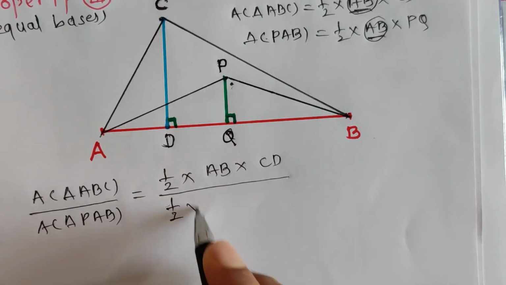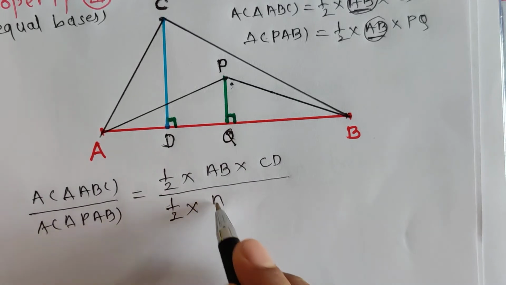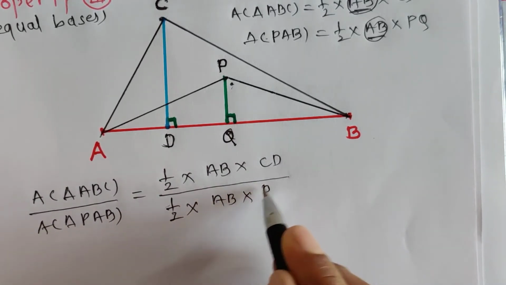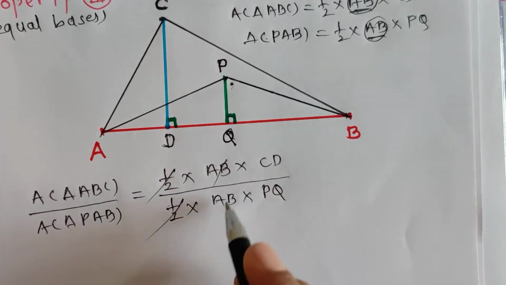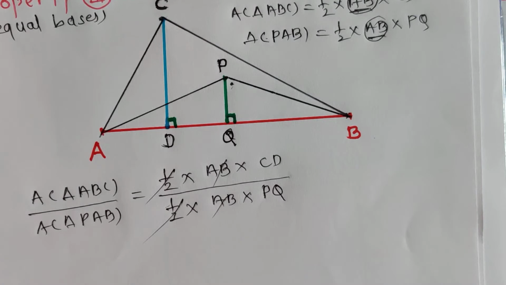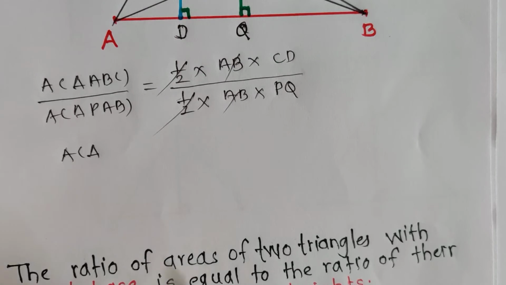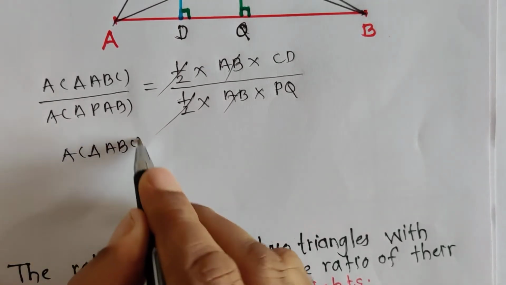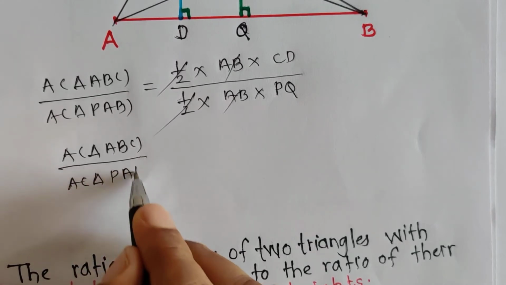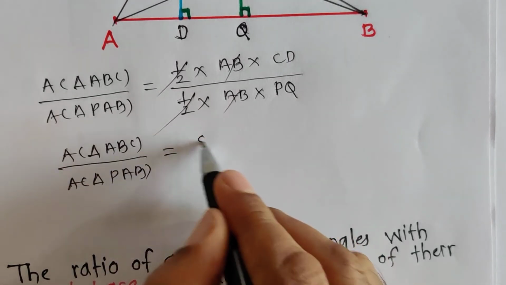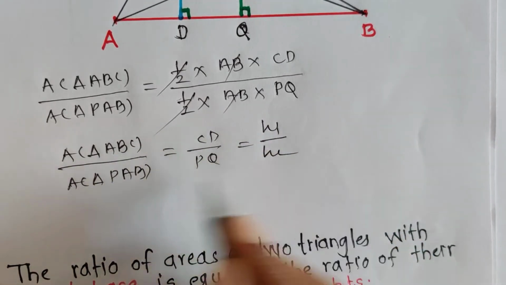Now half for PAB, that red color AB is the base, same base, into PQ is the height. So this half gets cancelled. This AB is the common base, equal base gets cancelled. So we get area of triangle ABC upon area of triangle PAB is equal to CD upon PQ is equal to H1 upon H2.